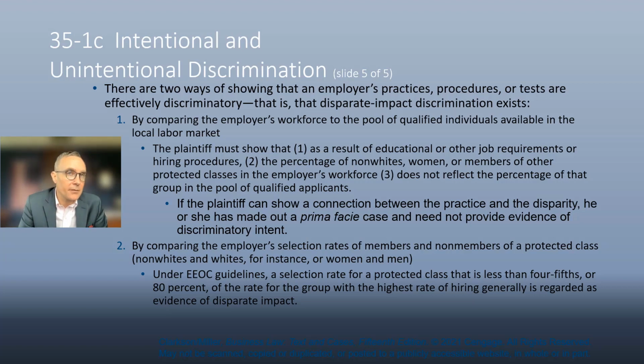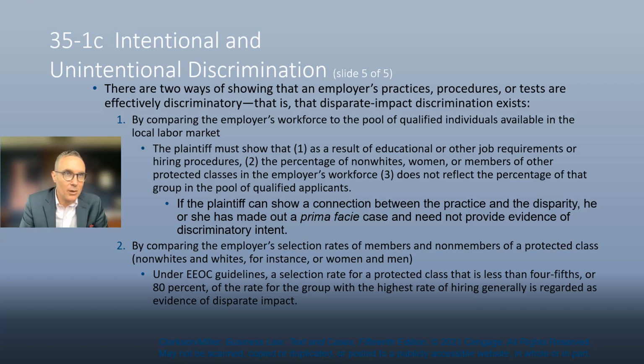And this is what a plaintiff has to show, that as a result of some sort of procedure, educational requirement, job requirement, or hiring procedure, the percentage of non-whites, women, or members of some other protected class in the employer's workforce doesn't reflect the same percentage that's in the group of the qualified applicant pool.